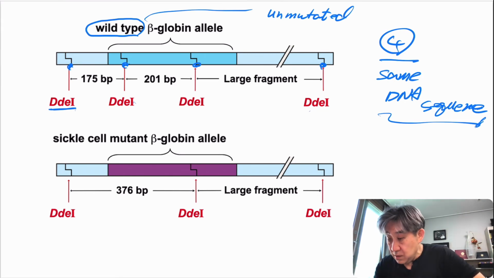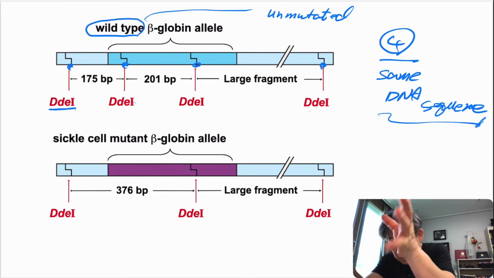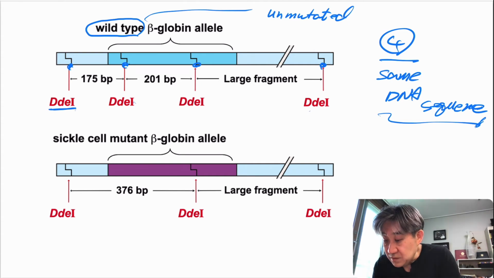Anyway, this particular restriction enzyme can cut at 4 locations on the beta globin gene, and as a consequence, if you only focus on this area covered by the beta globin gene, then you have 3 fragments. After the cutting by this restriction enzyme, you will have 3 different DNA fragments.